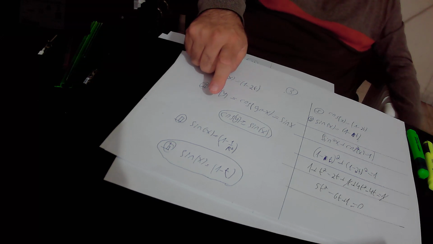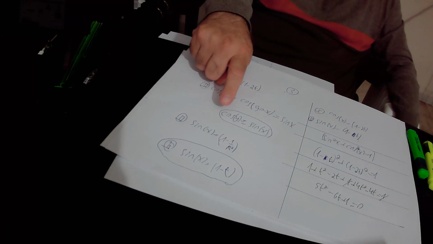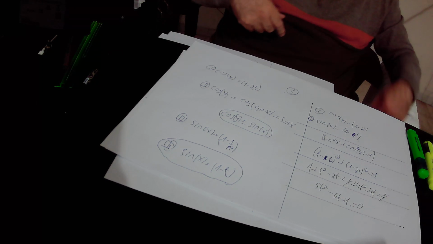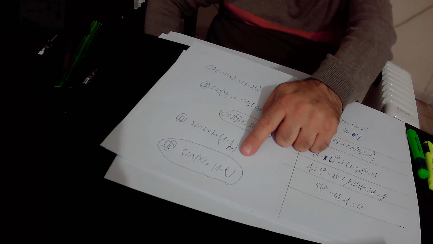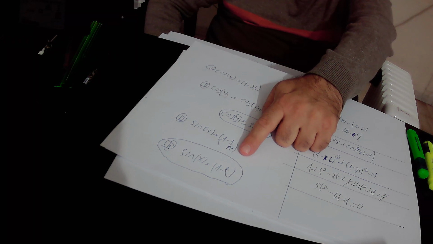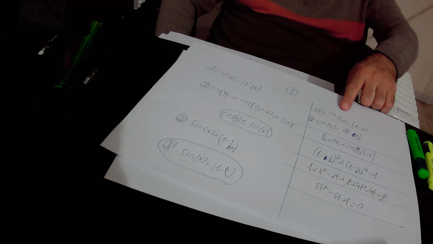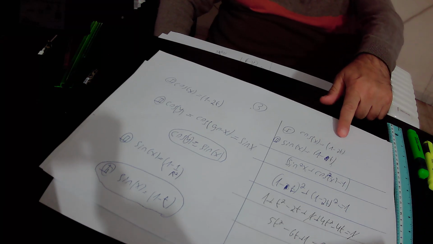And we got that sine x equals 1 minus 1 over r squared. So sine x equals 1 minus 1 over r squared, and 1 over r squared is t. So in total, sine x equals 1 minus t according to equation number 2. And according to equation number 1, we already found that cosine x equals 1 minus 2t.